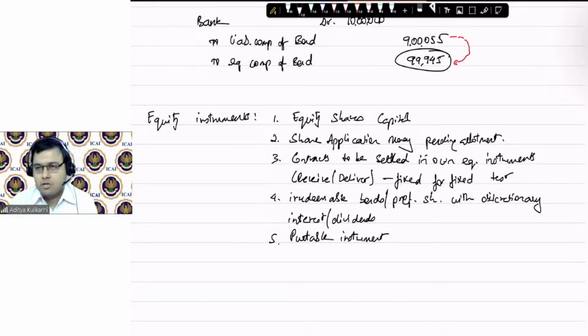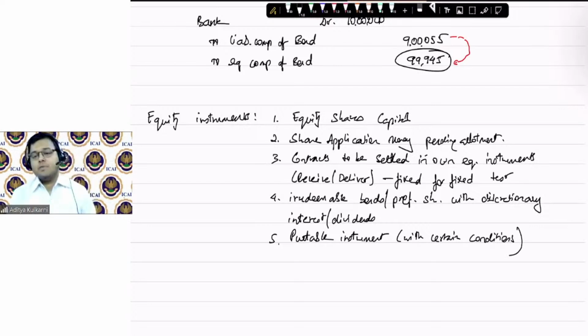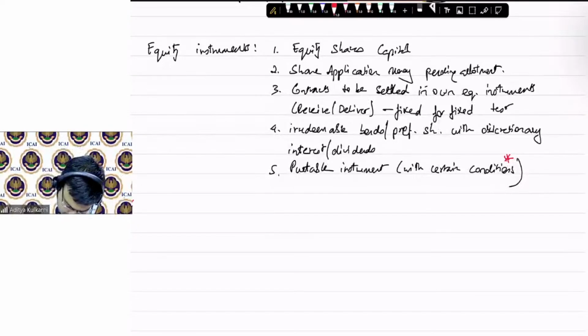So a puttable instrument is a financial liability, but if it meets certain conditions, a puttable instrument could also be equity. So we are now going to discuss what these certain conditions are.